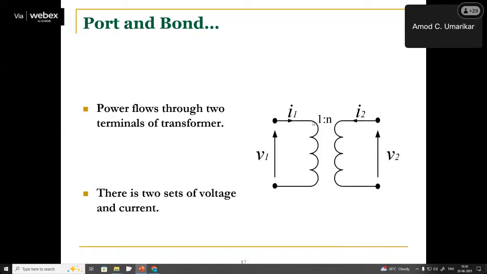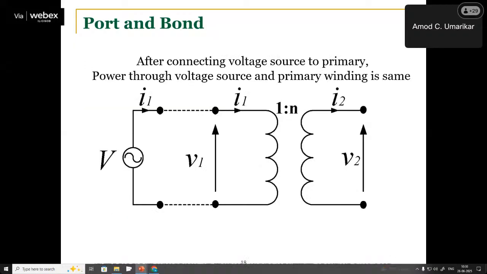This is a two-terminal element, so there are two sets of voltage and current. One is V1 I1, another is V2 I2, right? Now if you interconnect all this together, that is, after connecting the voltage source to the primary, the power flow through the source and primary winding is the same, assuming that everything is lossless inside.